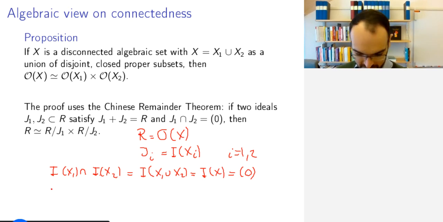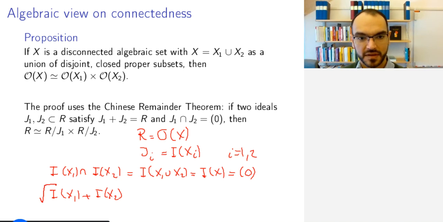On the other hand, the sum of these ideals has the following property. If we take the radical of this, we have seen that this is the ideal of the intersection.